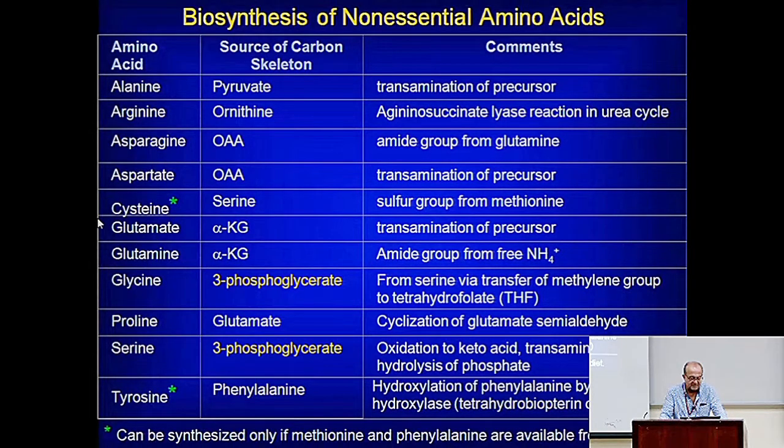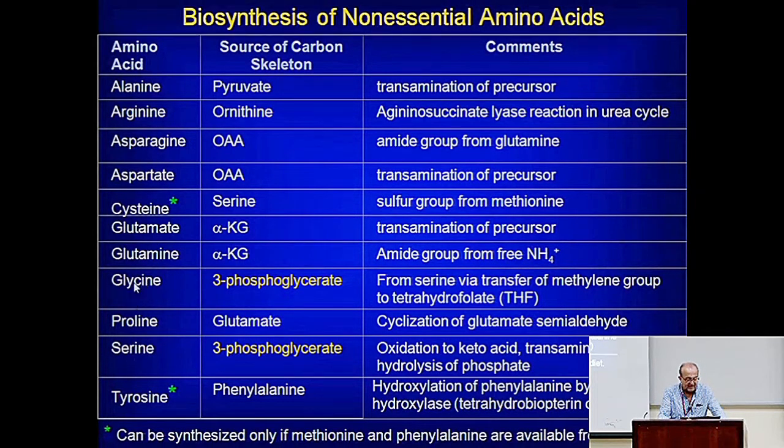And remember, glutamine is a key way to transport ammonia from peripheral tissues back to the liver or the kidney. Proline, again, we didn't go into it in detail, but it goes through glutamate semialdehyde.